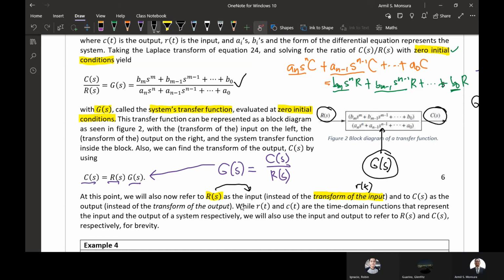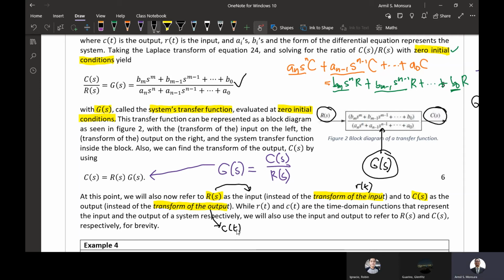Okay? And then, also, we will have your C of S as the transform of the output. Okay? To transform the output. But remember that again, your output is C of T. Yan yung output nyo talaga.